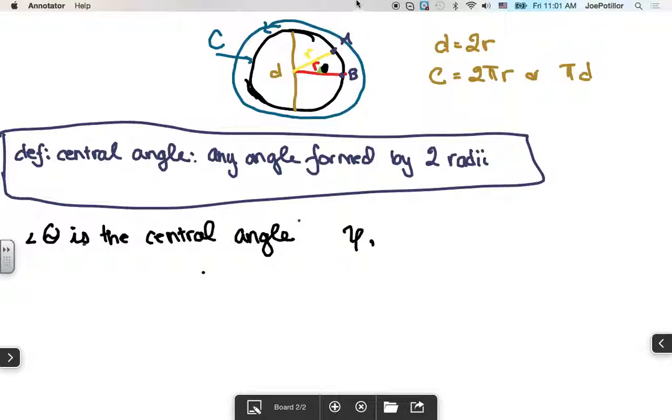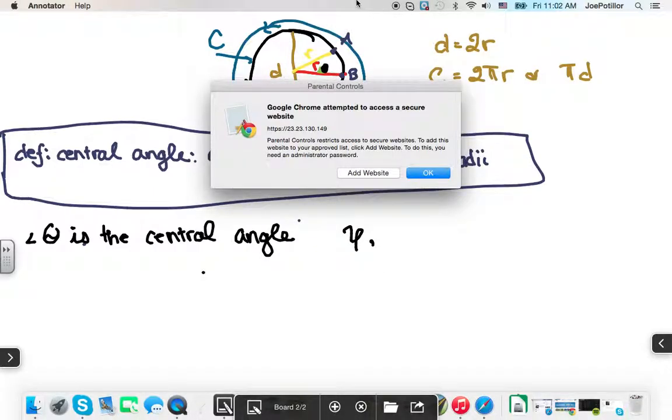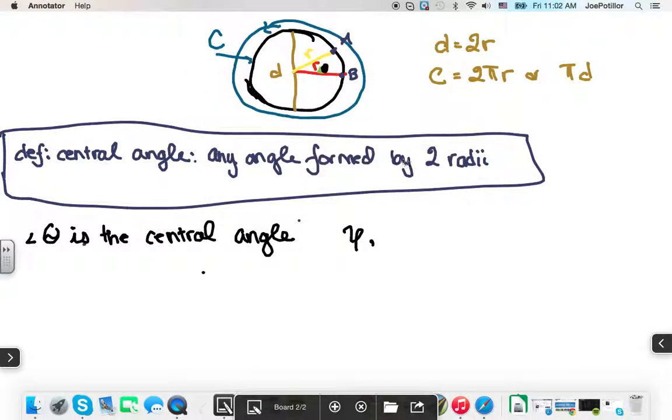Now, recall from your geometry classes that you learned something about the length of an arc. In a central angle, the length of the arc and the angle are directly related.